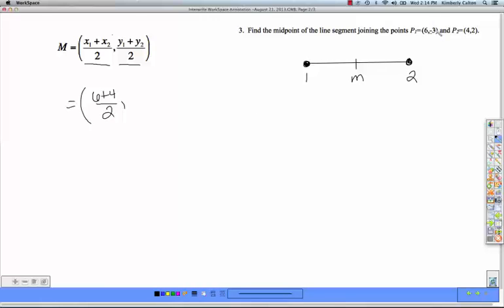And for the y's, we have negative 3 and 2, so negative 3 plus 2 over 2. So we get 6 plus 4, which is 10, divided by 2 is 5. And negative 3 plus 2 is negative 1 over 2, which gives me negative a half. So my midpoint is (5, negative 1/2).